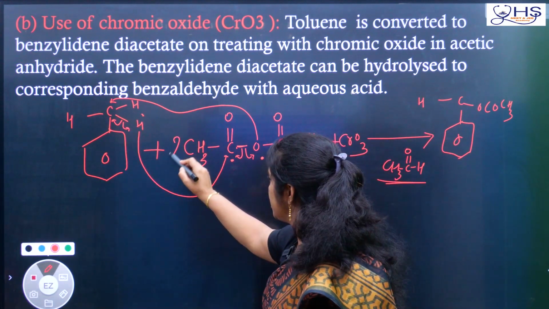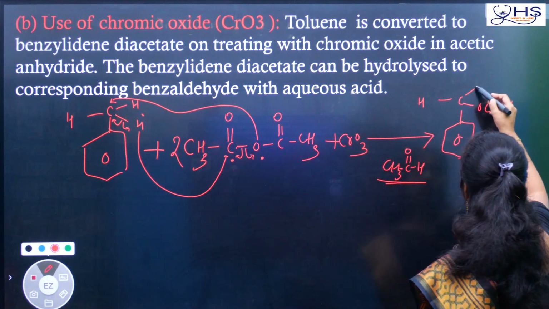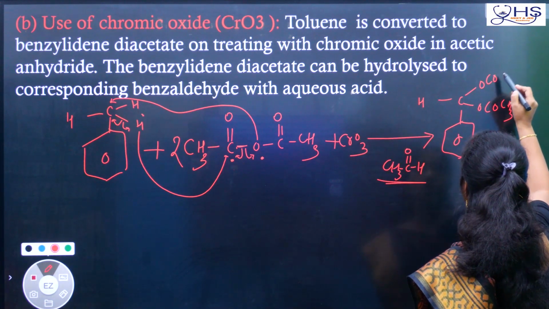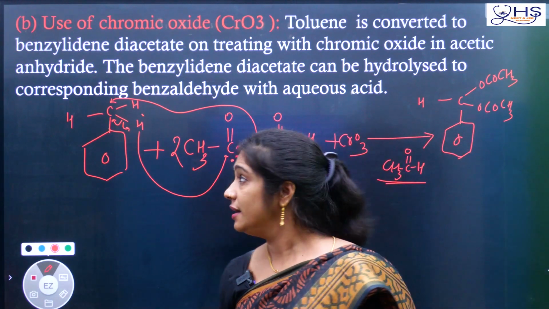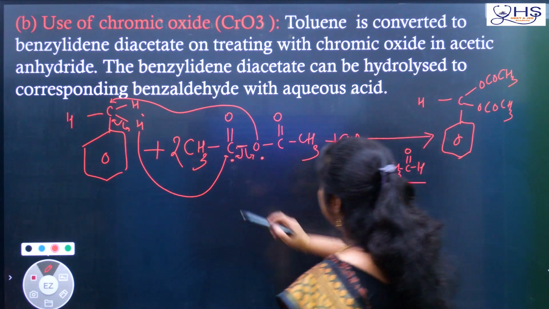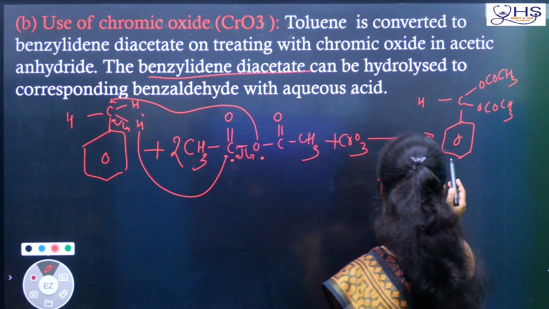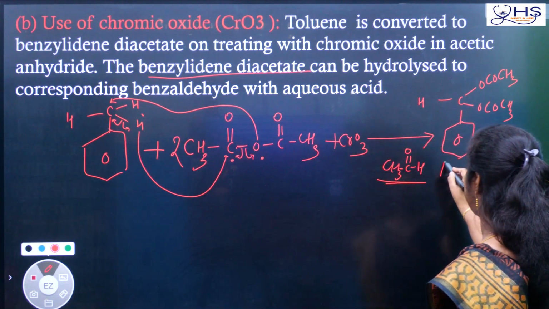If I am taking a second molecule, I simply write 2 over here. So with the second hydrogen also, the same OCOCH3. This is a complex. This is benzylidene diacetate. This complex is known as benzylidene diacetate.